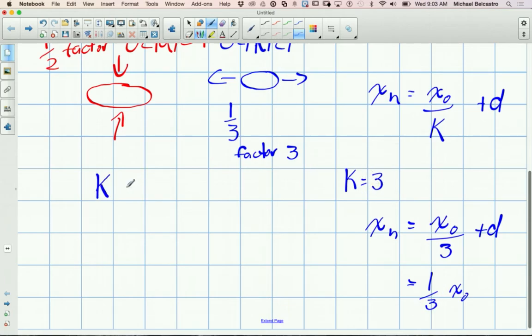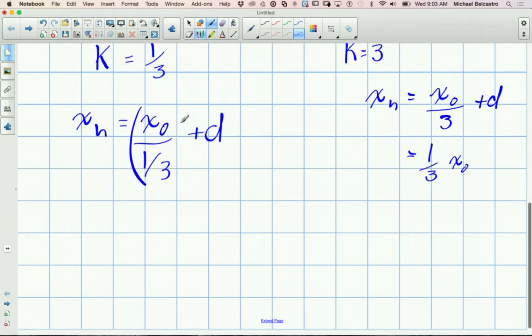If the k value is equal to a third, the new value of x is equal to the old x value divided by a third. That can be a little confusing, so let's go into our fraction rules. Our old x value is being divided by a third. So we have to divide fractions. You remember dividing fraction rules? How do I turn the old value of x into a fraction?